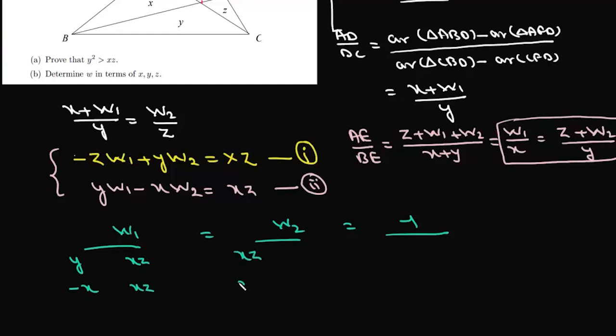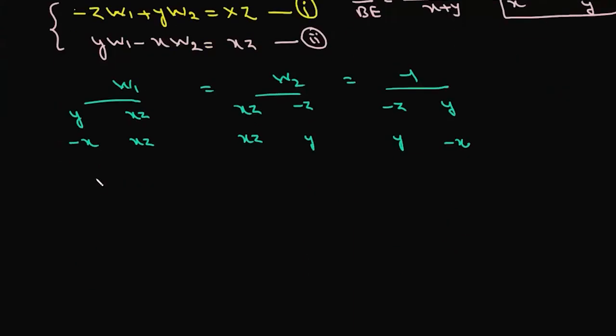Now this is XZ, XZ, minus Z, Y. This is minus Z, Y, Y, and minus X. So it is W1 upon XZ, and this is X plus Y, and this is W2 upon XZ, Y plus Z, and here it will be minus 1 upon XZ minus Y square.